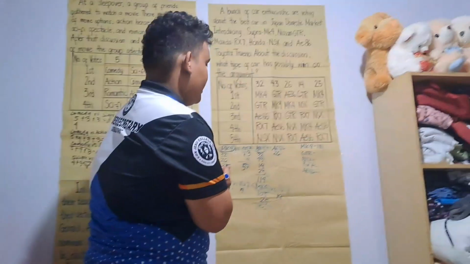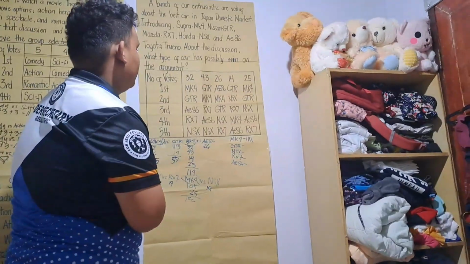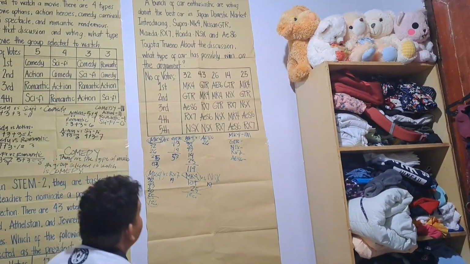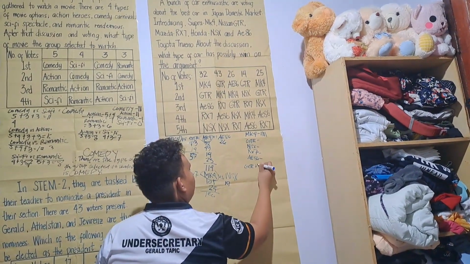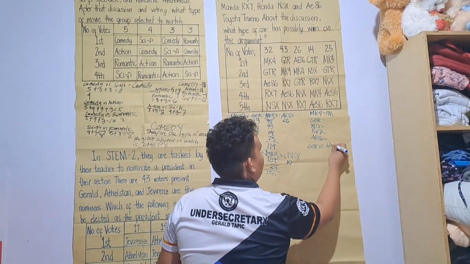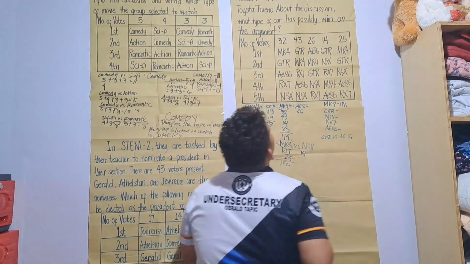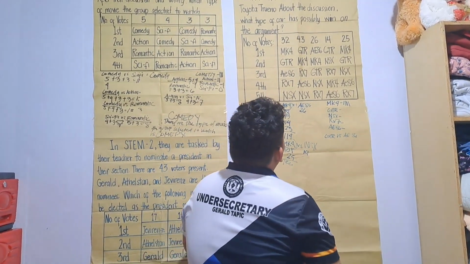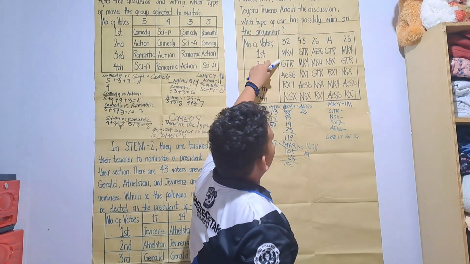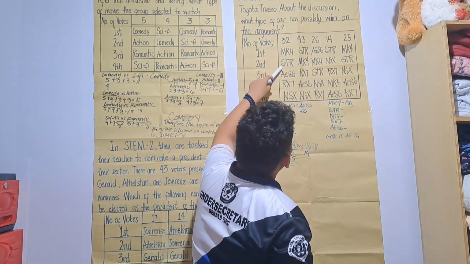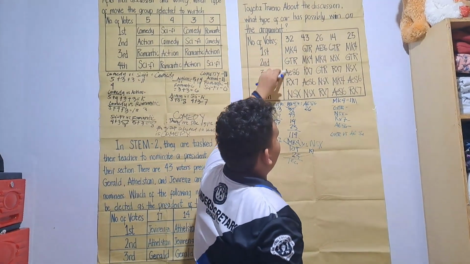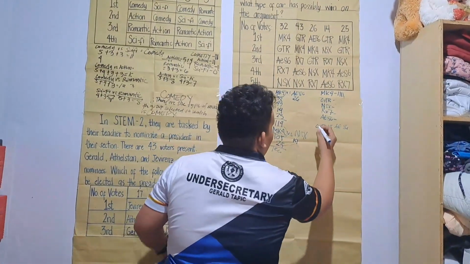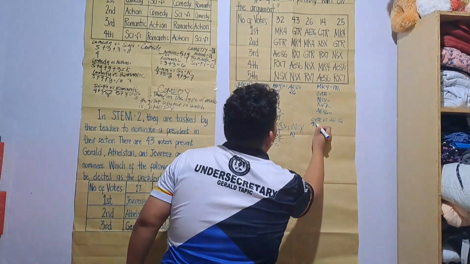So the next matchup is GTR versus AE86. So in the first column, GTR is first than AE86. So the 32 voters goes to GTR.